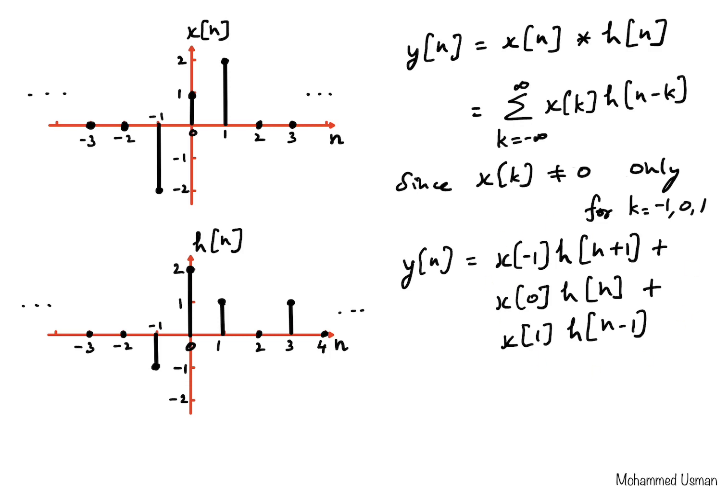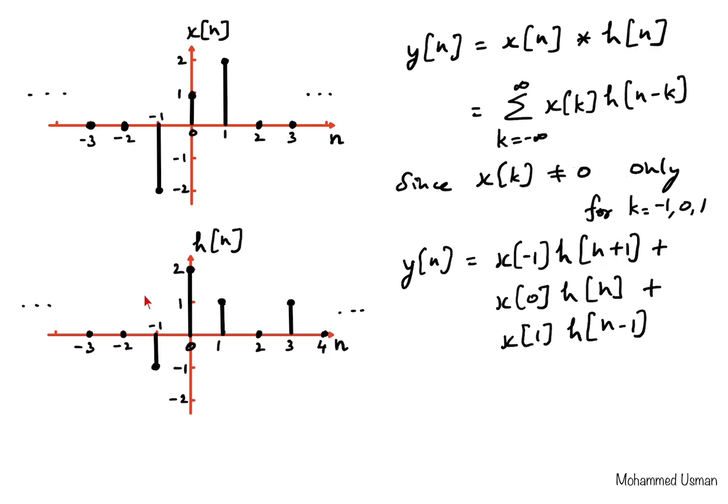So what we see is that the output y of n is going to be x of 0 multiplied with the h of n. That means the impulse response h of n is scaled by the value of x of 0. The value at n equal to -1 is scaling a left shifted version of the impulse response.